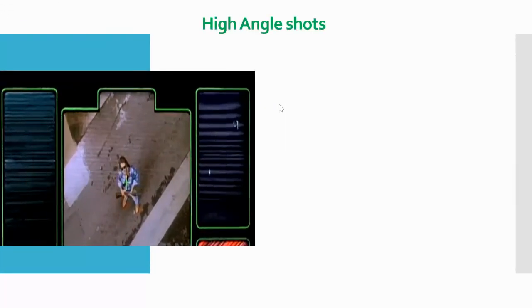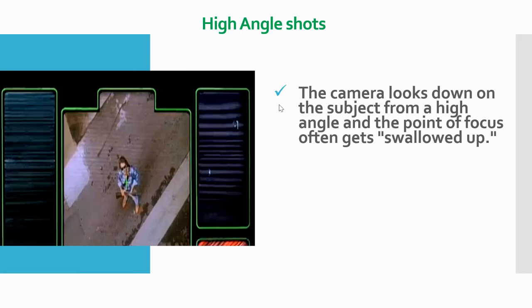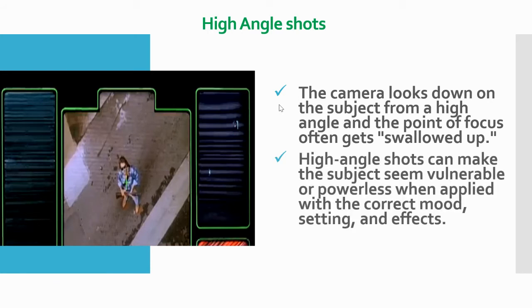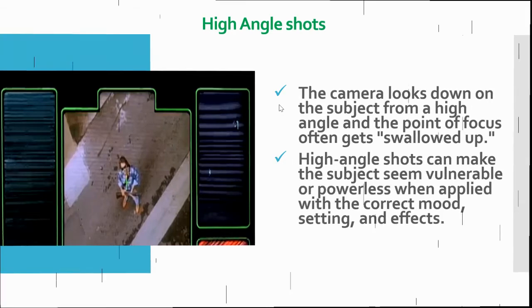Another important angle that helps tell the story is high angle shots and low angle shots. These can overlap with the rule of thirds, and with dynamic or static compositions. Basically, the camera looks down on the subject from a high angle, and the point of focus often gets swallowed up, right? High angle shots can make the subject seem vulnerable or powerless when applied with the correct mood, setting, and effects.